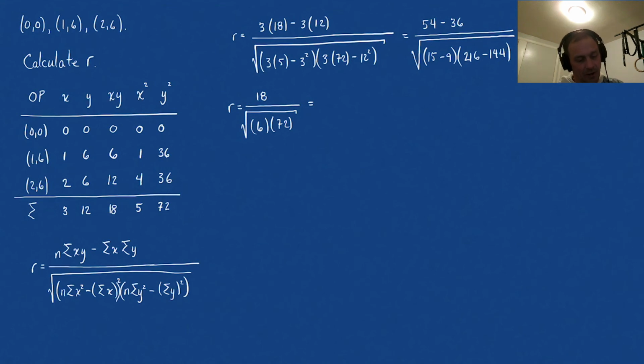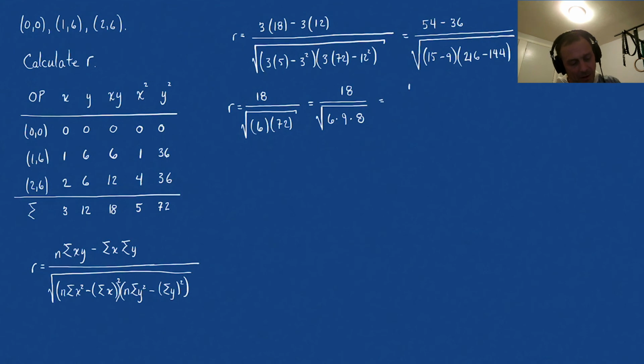Okay, now, if you're not really up on working with square roots, I'll try to explain this, and let's just see what happens. So this is 18 in the numerator over the square root of 72. Well, 72 is 9 times 8. So I'm going to write this as 6 times 9 times 8. Well, the square root of 9 is 3.